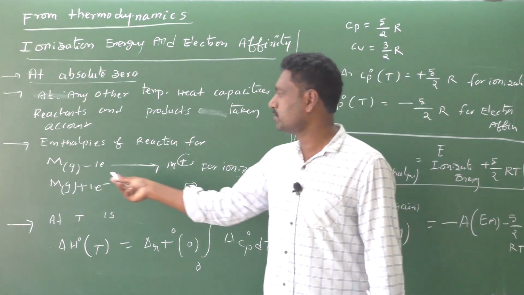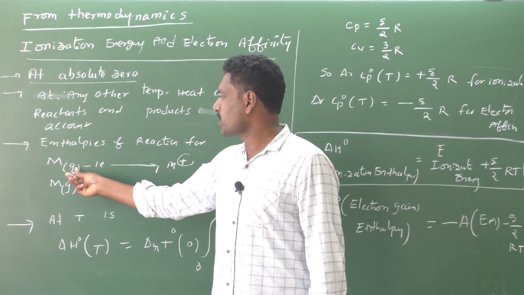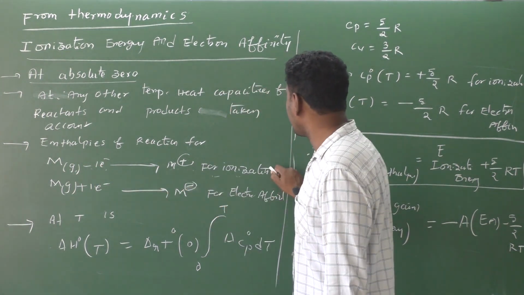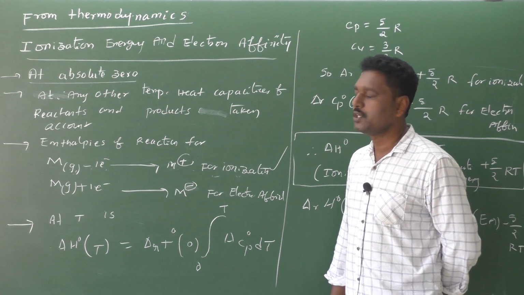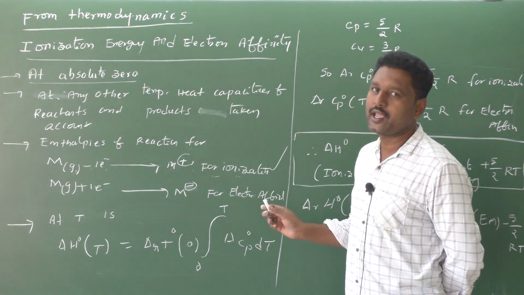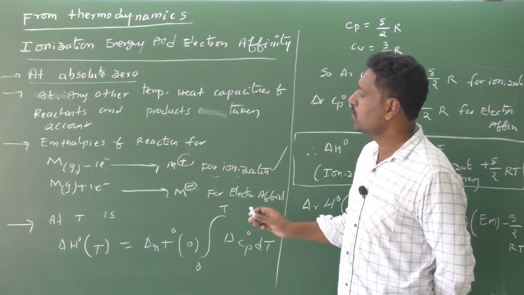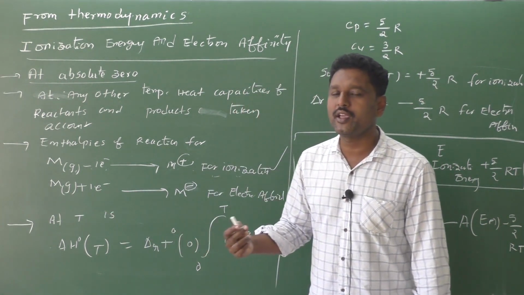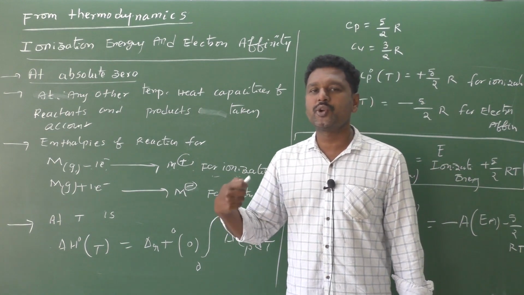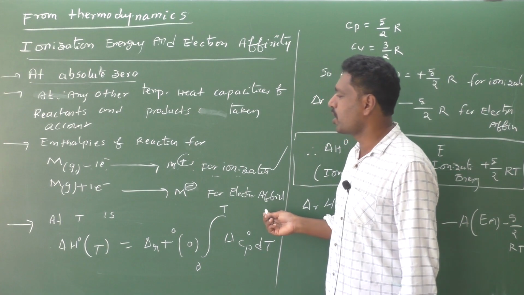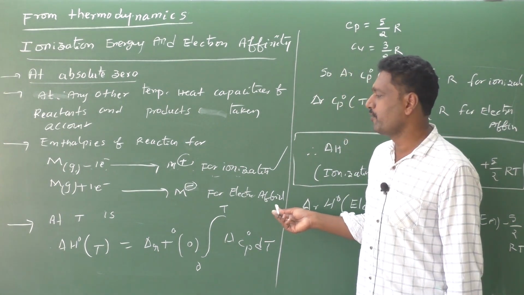Any gaseous metal element, minus one electron, gives M plus. This process is called ionization. Simultaneously we take electron affinity. What is electron affinity? When an electron is added to a neutral gaseous atom, the amount of energy released is called electron affinity.